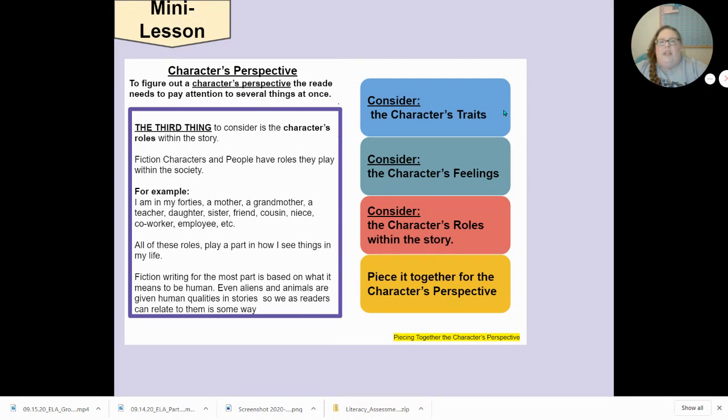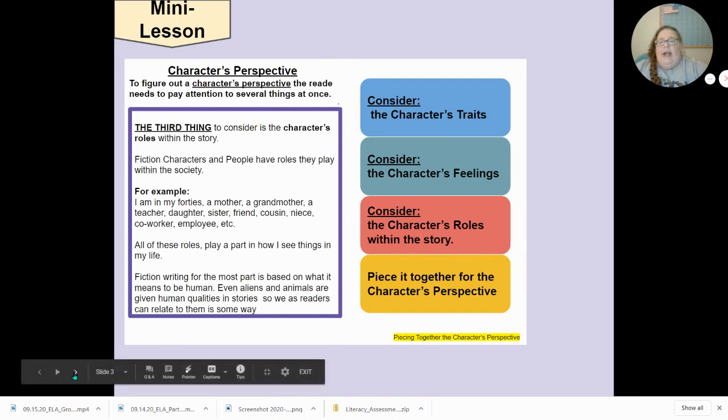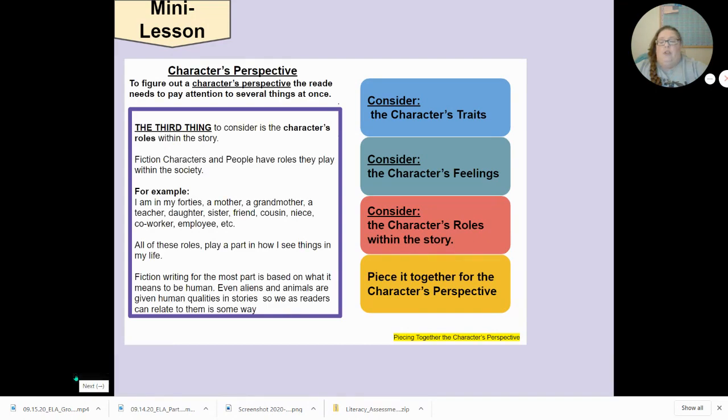We want to consider the character traits, which you guys are pretty much pros at. And then we want to consider the character's feelings, which is what we explored yesterday. And now we want to add to that the character's roles within the story. And then finally, we'll come up with a conclusion that reflects how that influences the way the story is told.